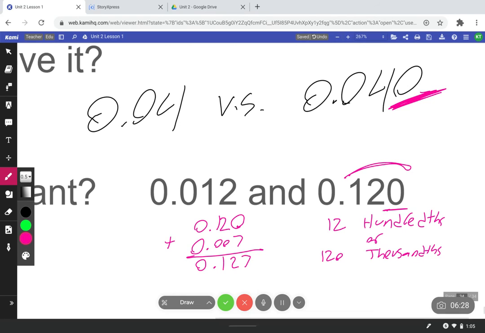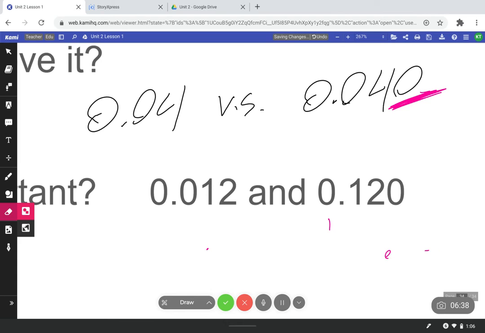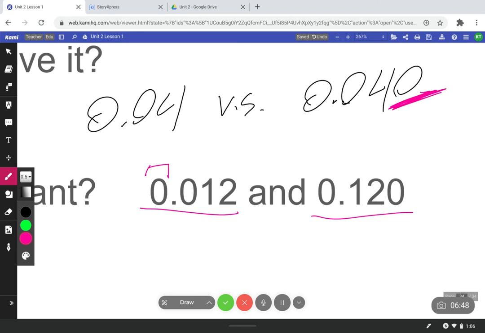But we know when we're comparing the values of decimals, we need to go place value by place value, and we start from the greatest one. So the greatest place value shown between 12 thousandths and 120 thousandths is the ones place. That's where we begin, and we're trying to see which value is bigger. So let's do it place value by place value. We're going to start at the ones. So who has the bigger ones place, Maxon or Michael?